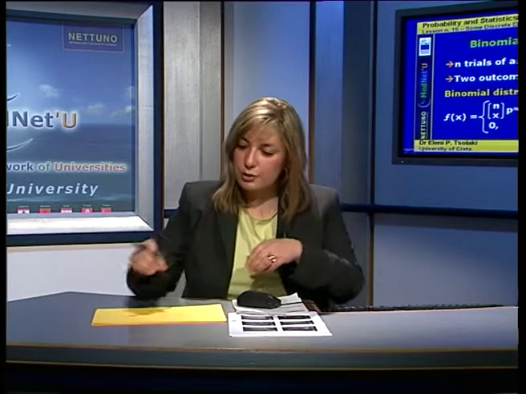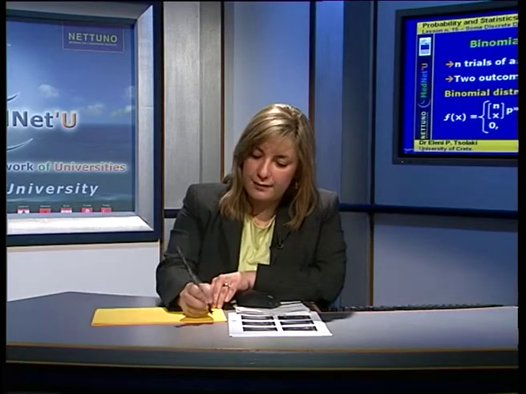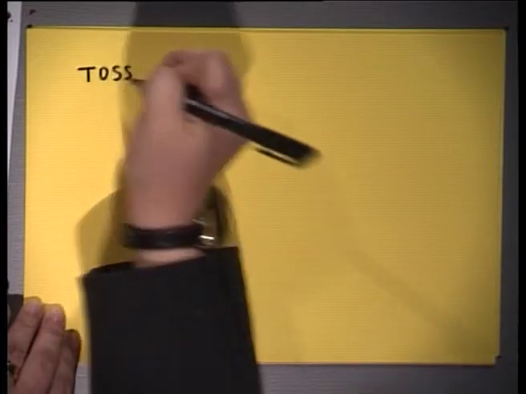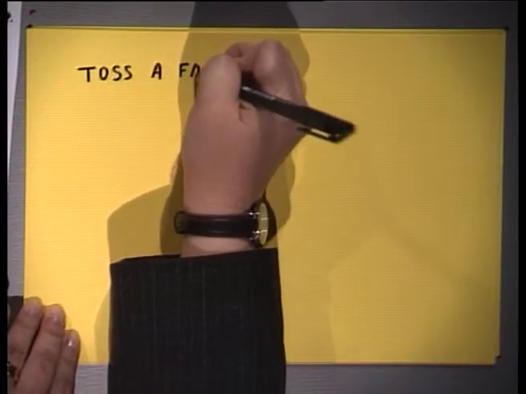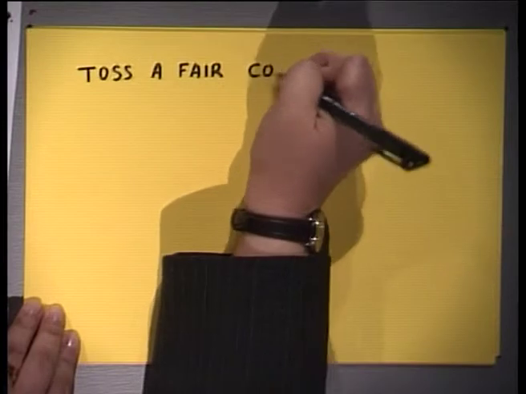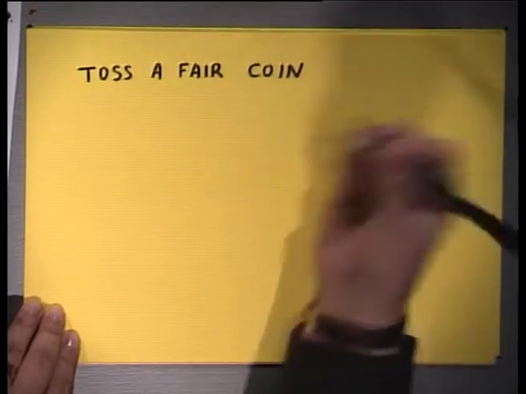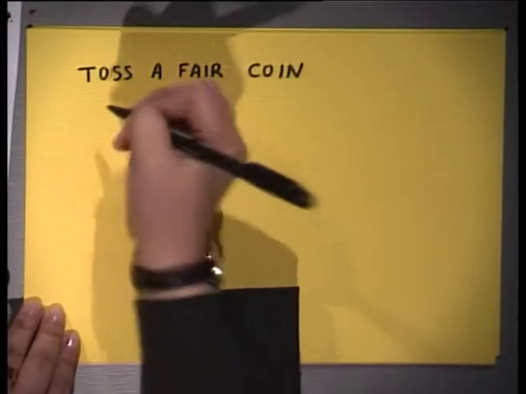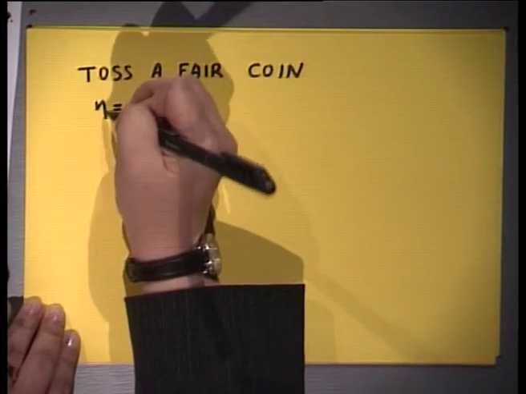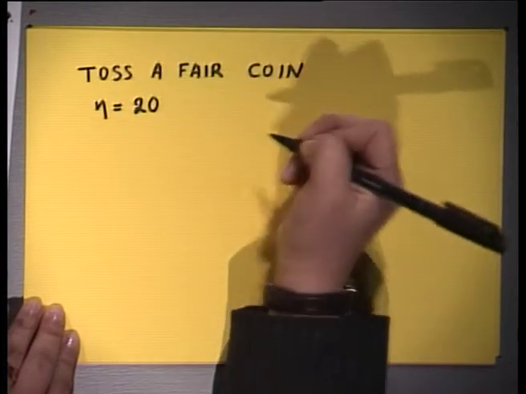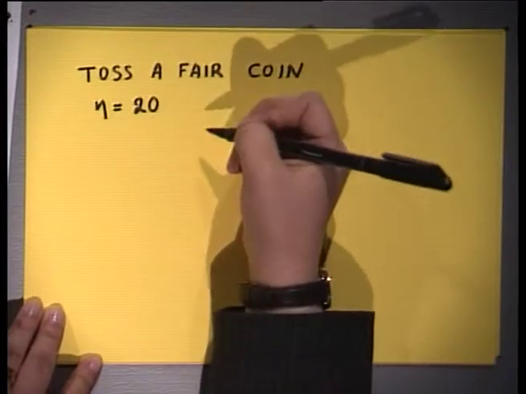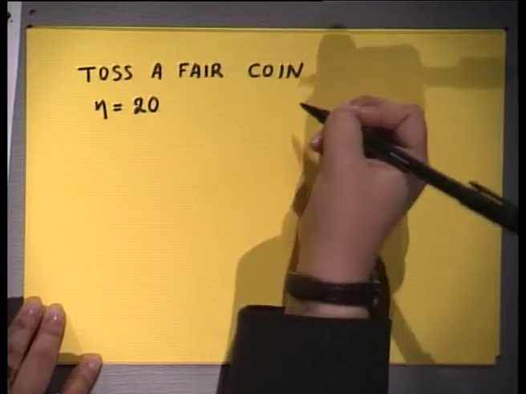Let's see some examples of when we can or can't use the binomial distribution. So, first, assume that we toss a fair coin 20 times, so our n will be 20, and we count the number of tails observed.